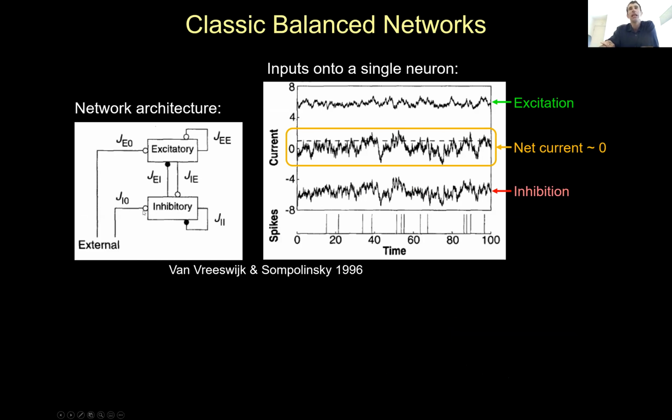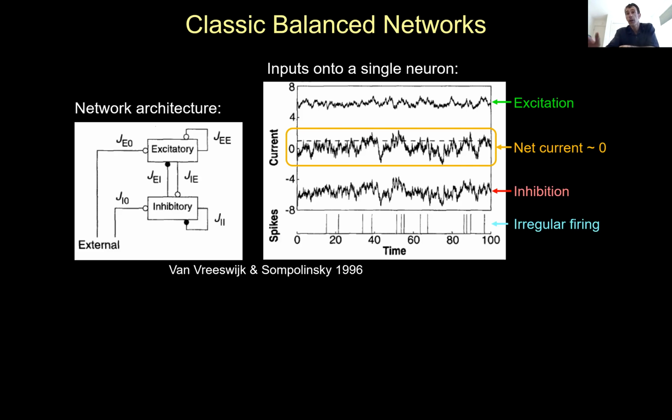And when you looked at an individual neuron in those networks, there was a certain amount of excitation which fluctuated over time, and a certain amount of inhibition shown here in the bottom fluctuating over time. But the net input to any cell was close to zero. And in particular, it was fluctuations of that near zero net current that caused spiking, and that led to the classic irregular firing that's a hallmark of cortical neural activity.